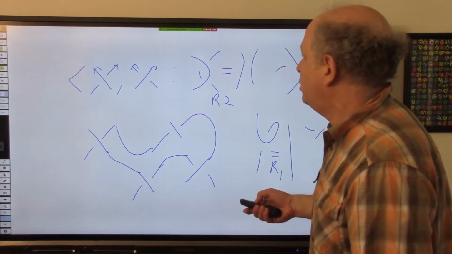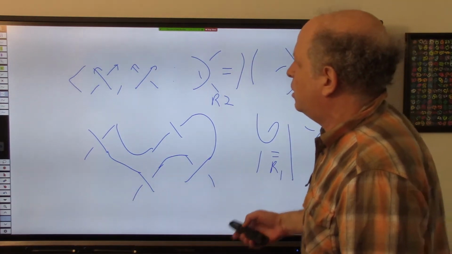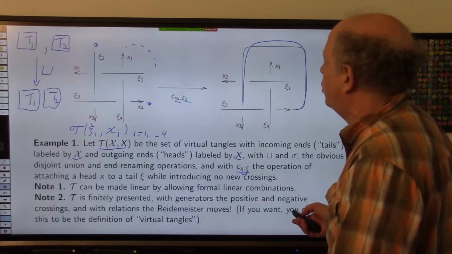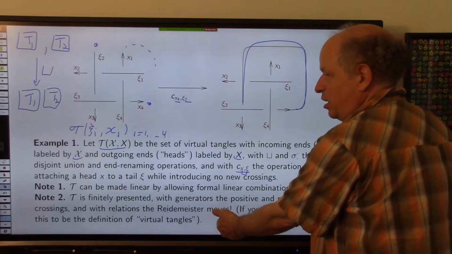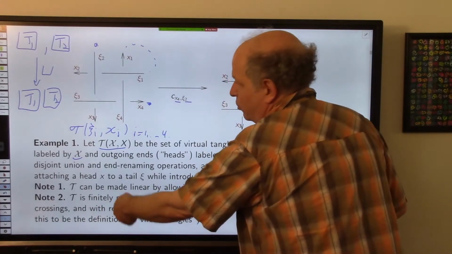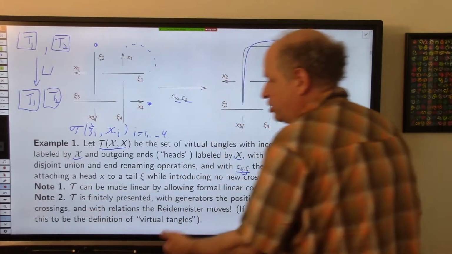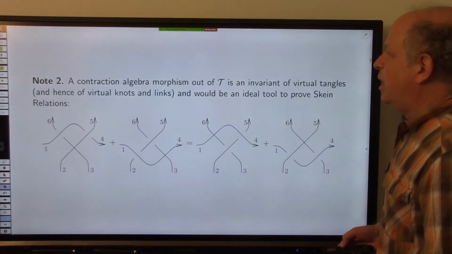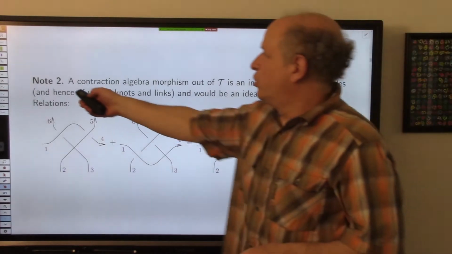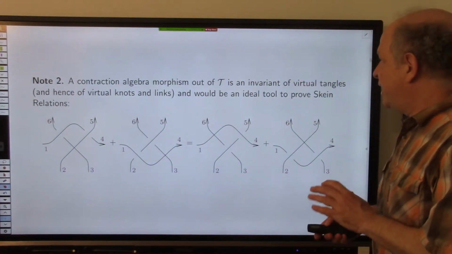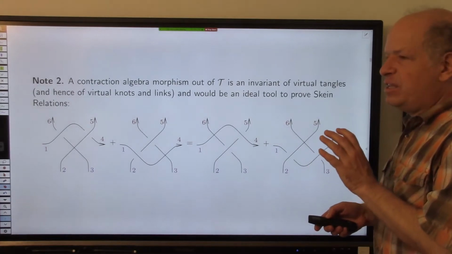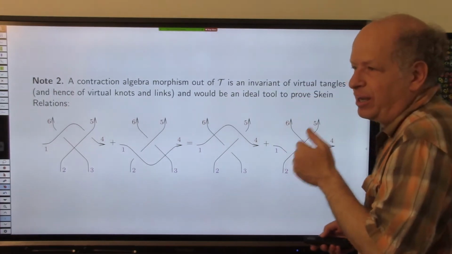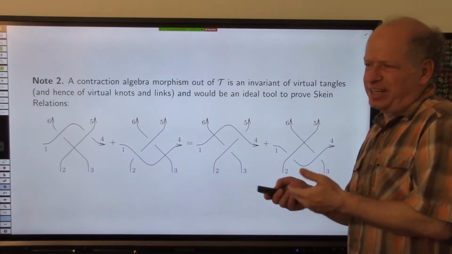So as I mentioned, this category of this contraction algebra of tangles is finitely presented. I should say that if you have a morphism of contraction algebras, well, it's clear what a morphism is.